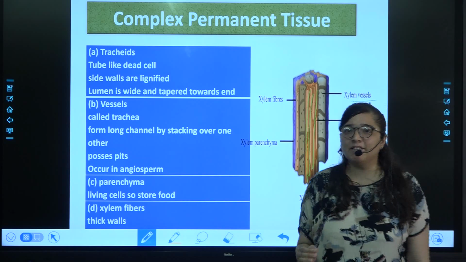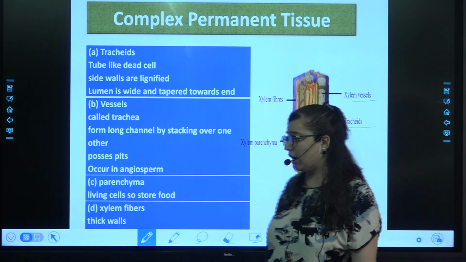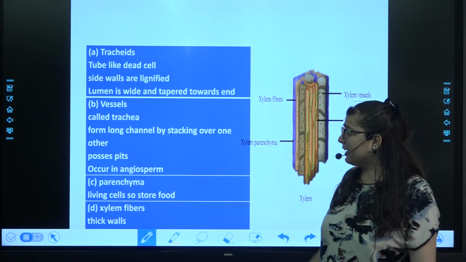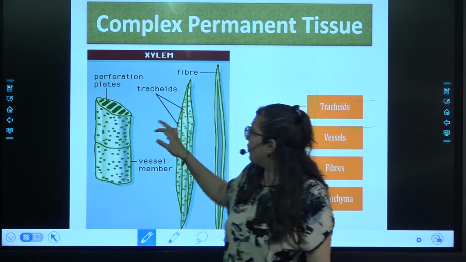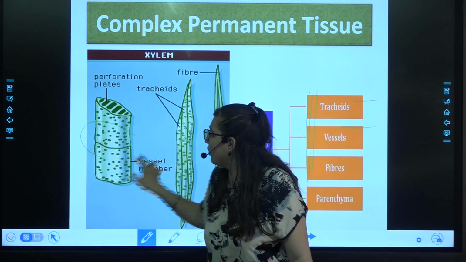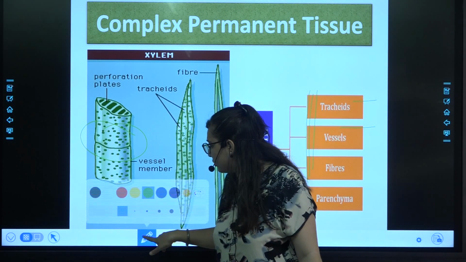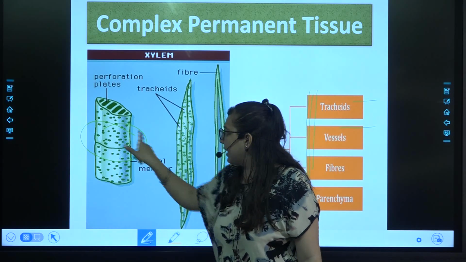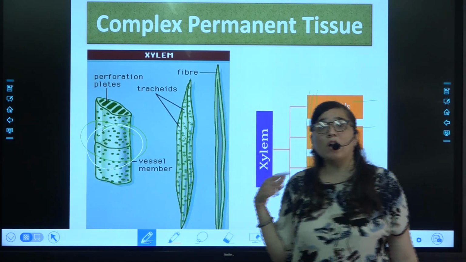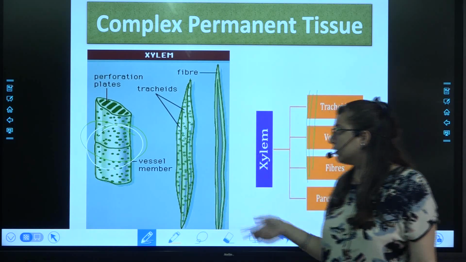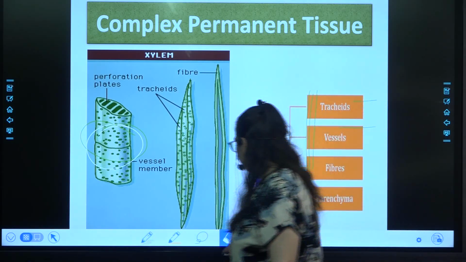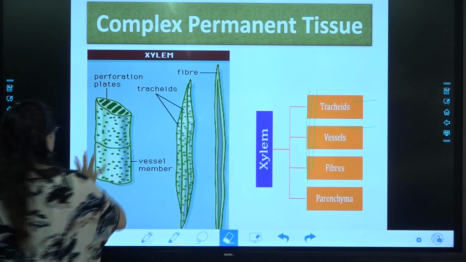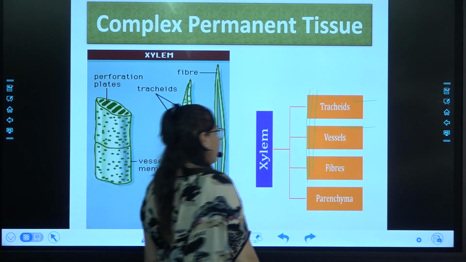You can see that all the vessels are stacked one before the other, one over the other, in the diagram that you saw over here.